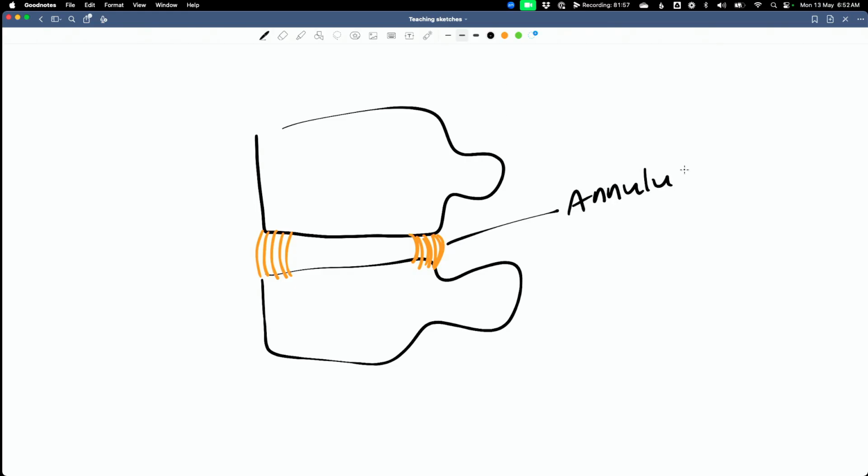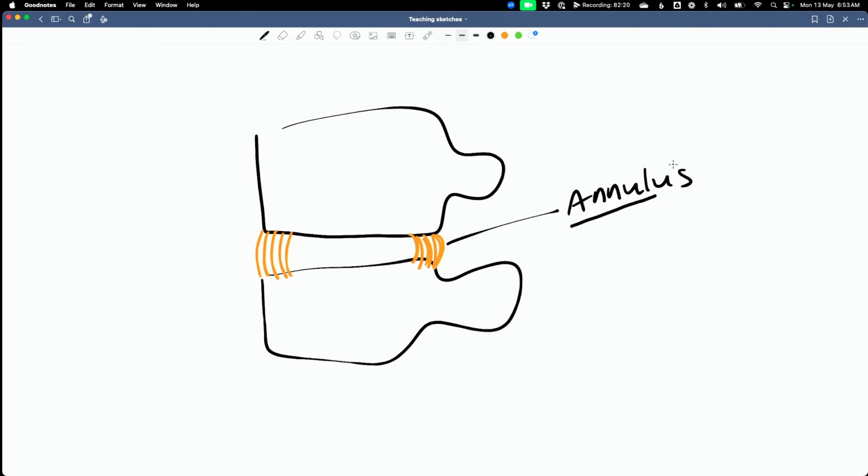Annulus or annual means, think about an annual calendar. It's something that comes around again. It's like circular. So the annulus is the circular outer part of the disc.